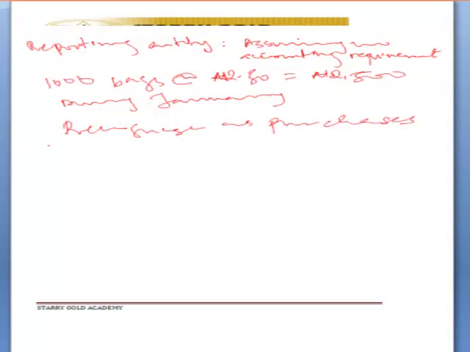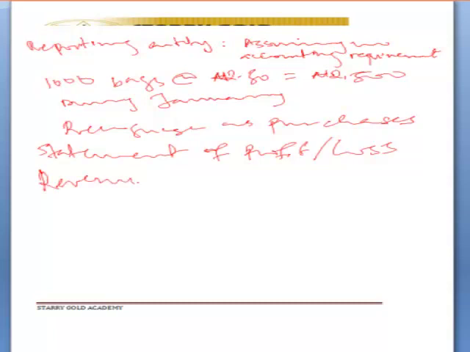So when he is going to prepare a statement of profit or loss, he is going to recognize revenue. He knows he has sold a portion of it in the financial period. He sold 30 at 6 naira each, so what he will recognize as his revenue is 180 naira.